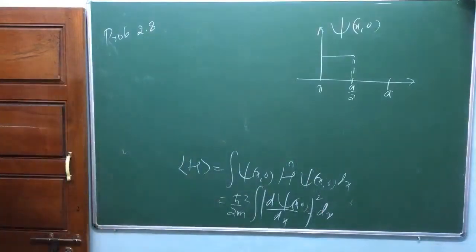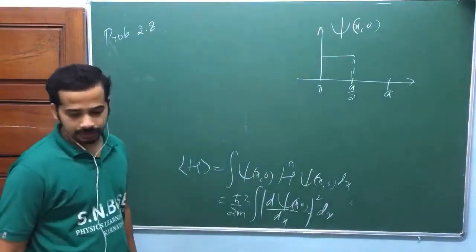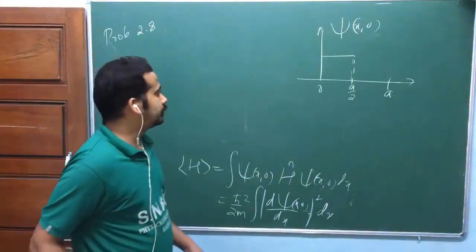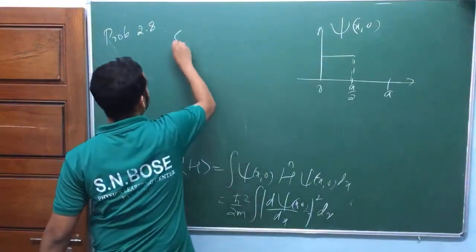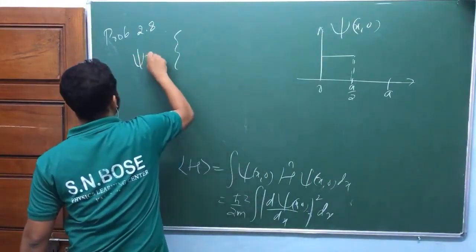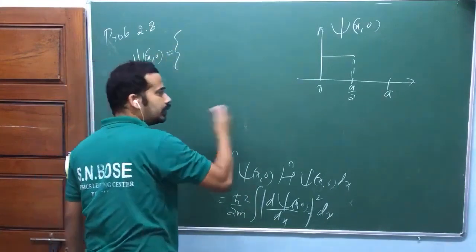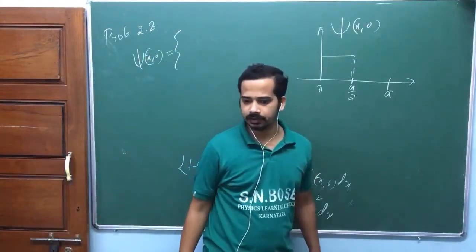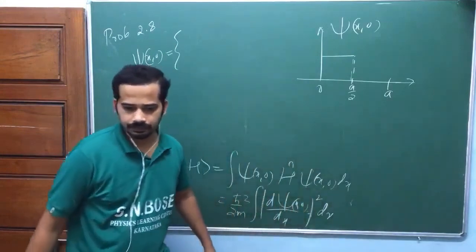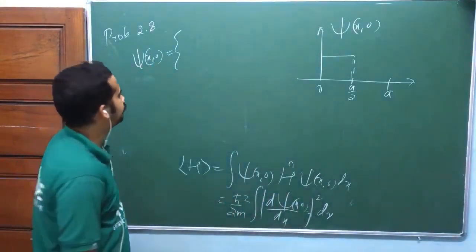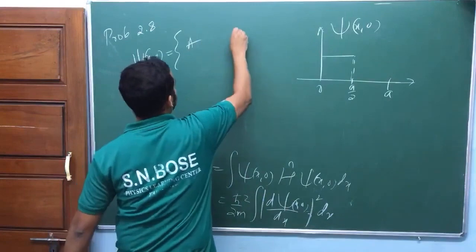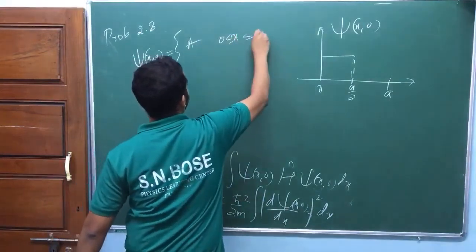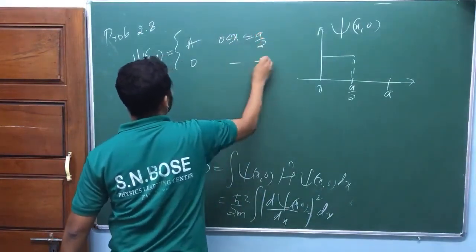Problem 2.8. That means the wave function is constant between 0 to a by 2. Think over it. Equally likely means it is a constant probability density. That's a when x is between 0 to a by 2, 0 otherwise.